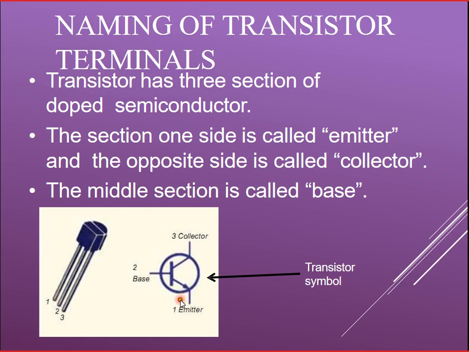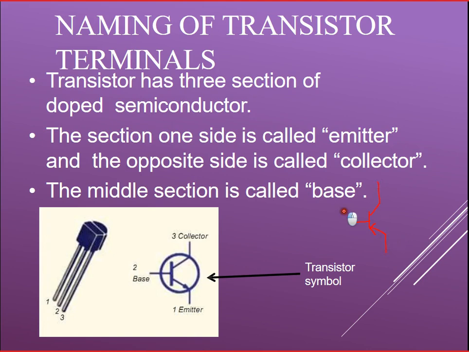Suppose it is a PNP, it will be like this. A normal base will be there, and the collector and the emitter will be there, and the arrow mark will be here. So it represents the current flow will occur from emitter to collector.